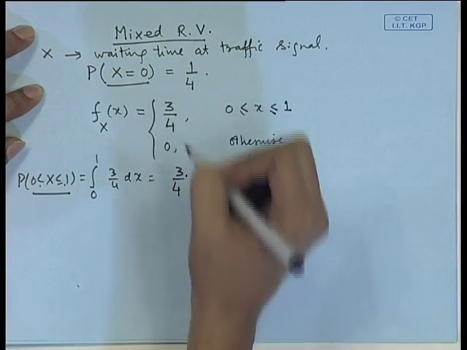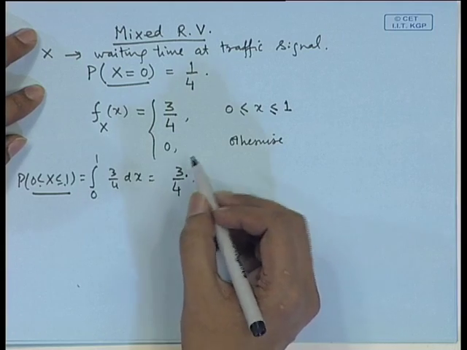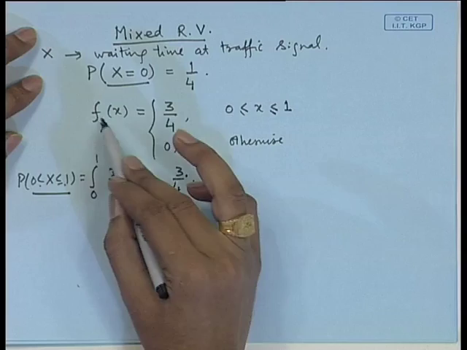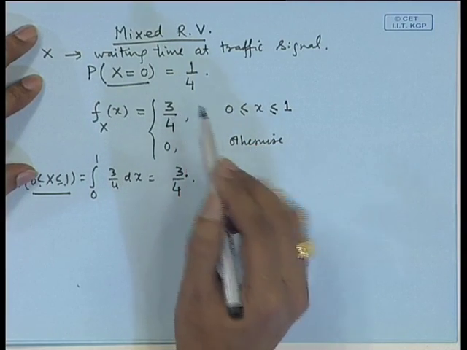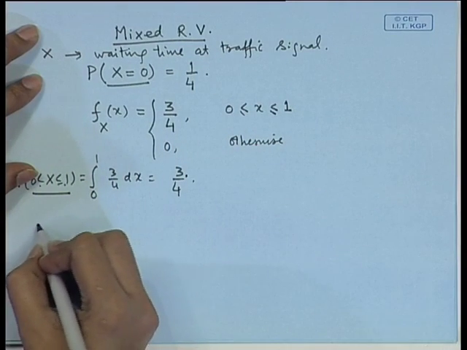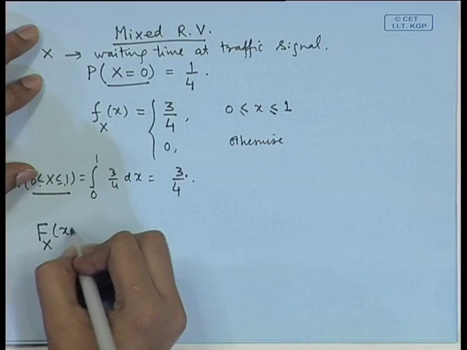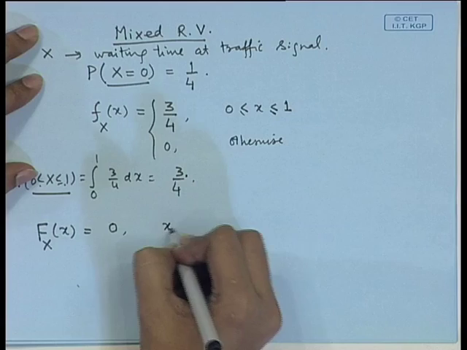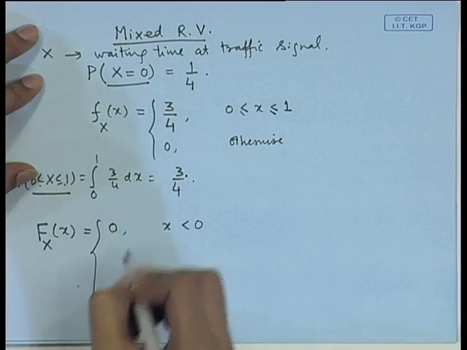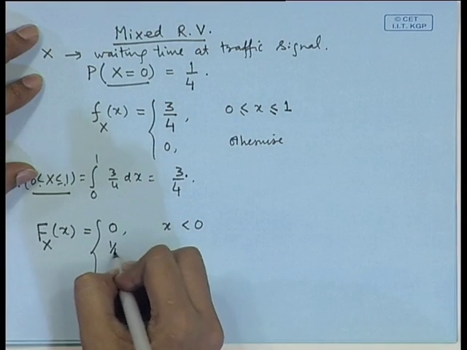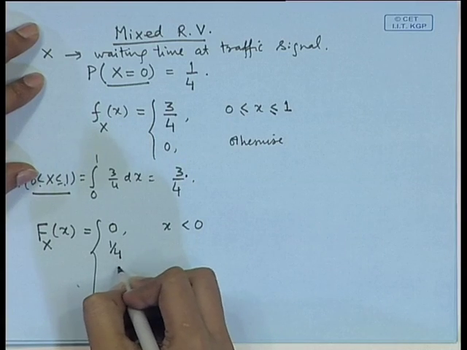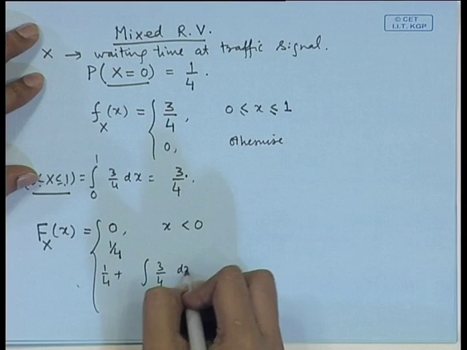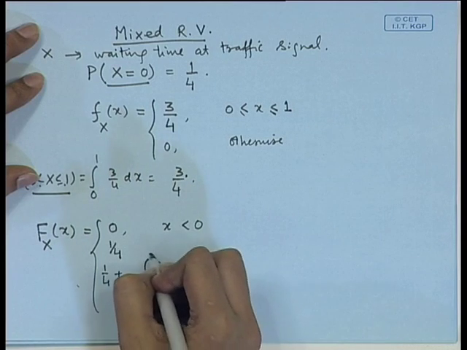So, probability of x equal to 0 is 1 by 4 and probability of x lying between 0 and 1 is 3 by 4. If you add up these two, it is actually becoming equal to 1, but here the distribution is not for a totally discrete or totally continuous random variable. We can also look at the CDF of this particular random variable. Before x equal to 0, it is 0. At x equal to 0, it is becoming 1 by 4, and thereafter it is becoming 1 by 4 plus the integral of 3 by 4 dx from 0 to x.